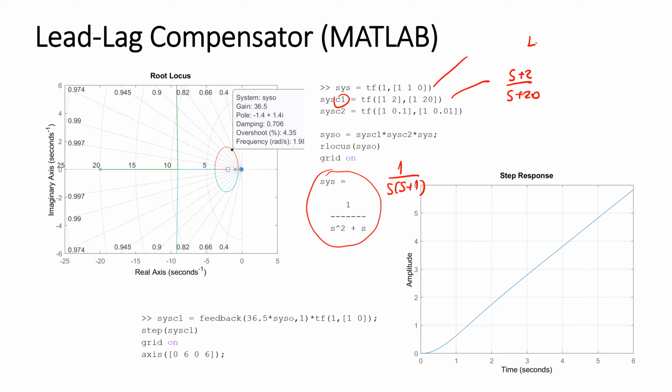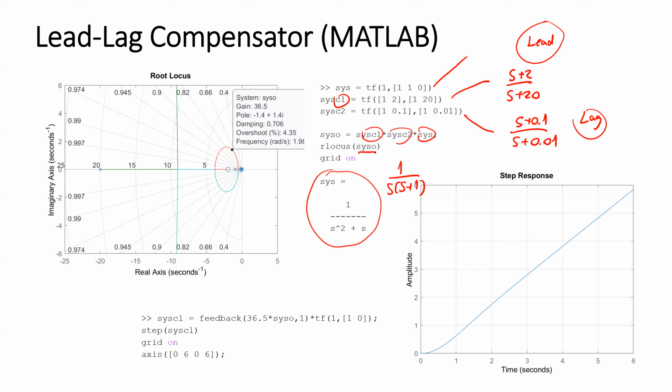Controller 1 is lead. The lag controller is S plus 0.1 divided by S plus 0.01. Lag. The open loop transfer function is lead multiplied by lag multiplied by the original system. And we plot the root locus of the open loop transfer function.